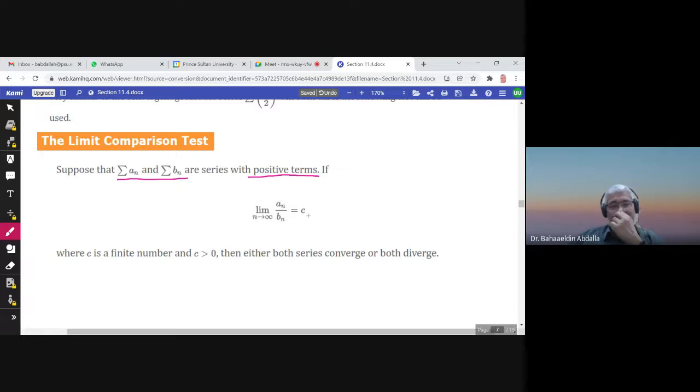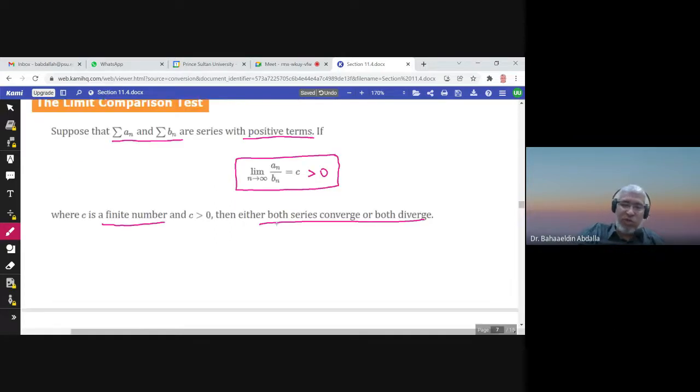And if this limit is a positive real number, greater than zero, a finite number, not infinity, then either both series converge or both series diverge. So this is the limit comparison test. You take a_n and b_n, you divide them, and you find the limit when n goes to infinity. If it's a positive real number, then both series converge or both series diverge.